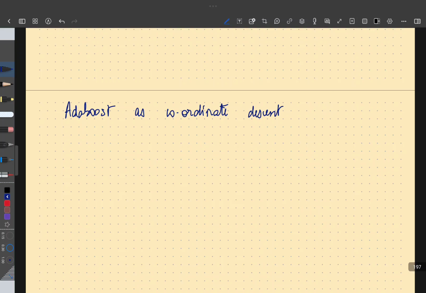We can view AdaBoost as performing minimization of some particular loss function through a gradient descent type of procedure.